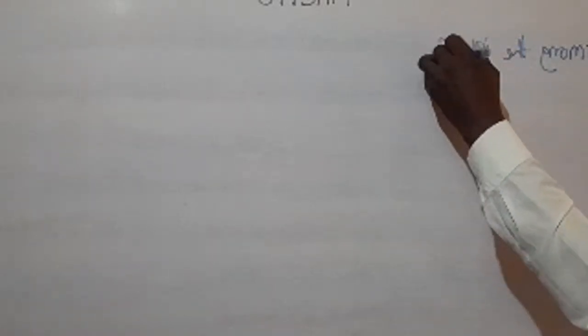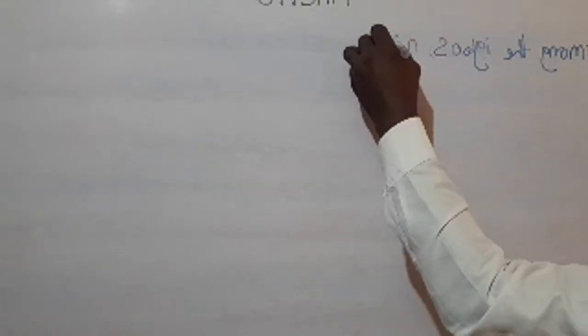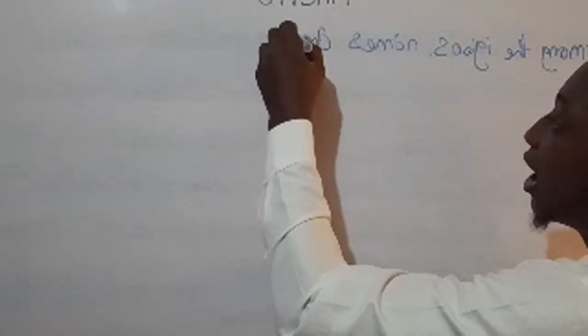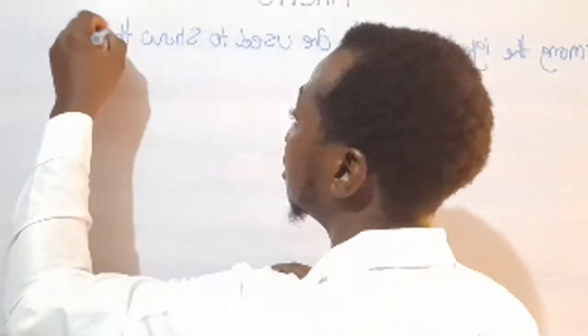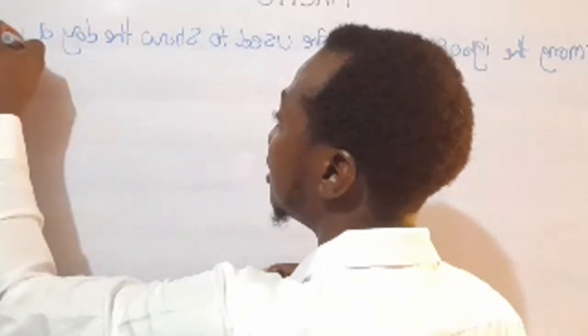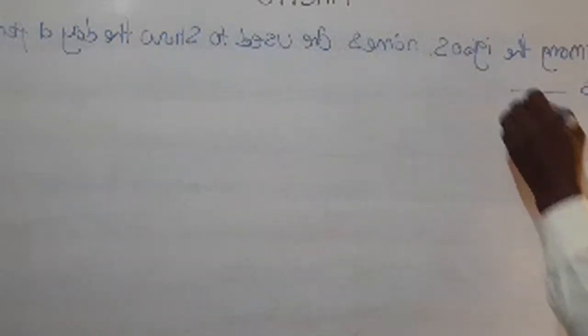Among the Igbos, names are used to show the day a person is dash.